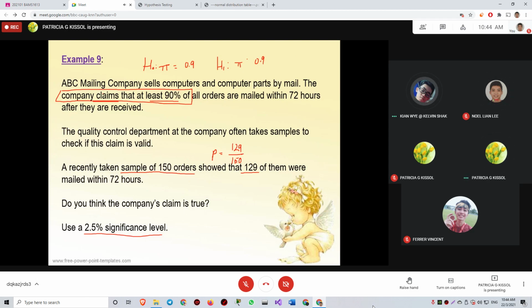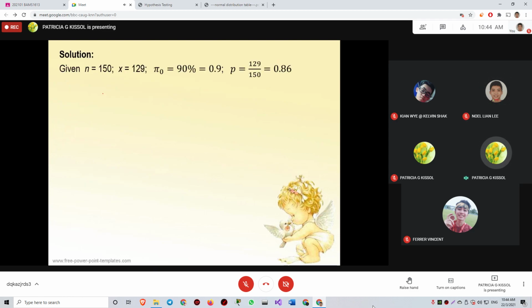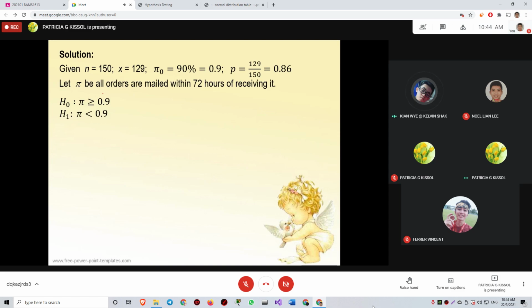At least is more than. Yeah, right. But then you see here the hypothesis, it says at least 90%. Yeah, that is correct. But I was thinking that it should be more than in the alternative. Based on the sentence, this is correct. Yeah, my confusion, I get confused myself.